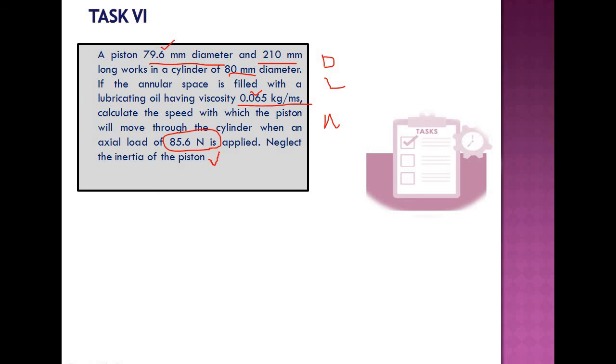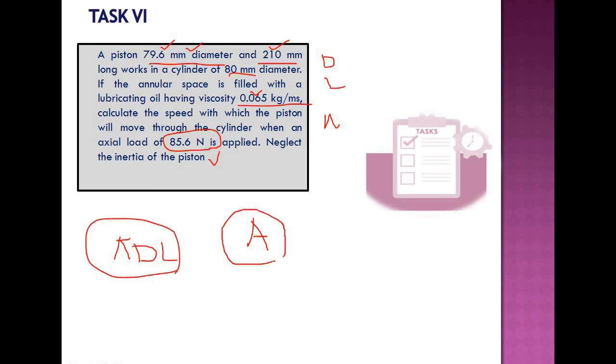How to calculate? This is the shearing force divided by shearing area. So how to get the shearing area? Shearing area will be the external surface area of the piston, that is 2πRL or π into d into L. External surface area will be π into diameter of the piston multiplied by length of the piston. Diameter is given here, length is also given here. So you can find out the shearing area A, or πdL.